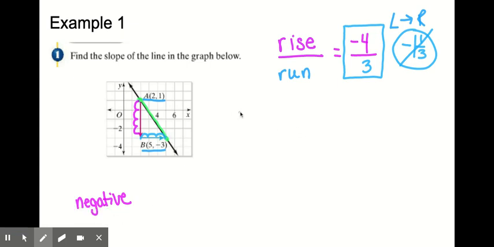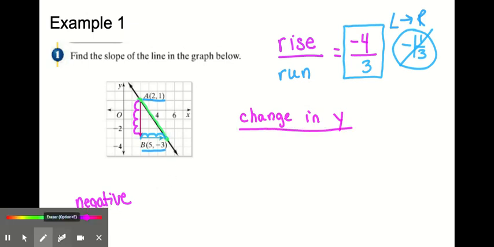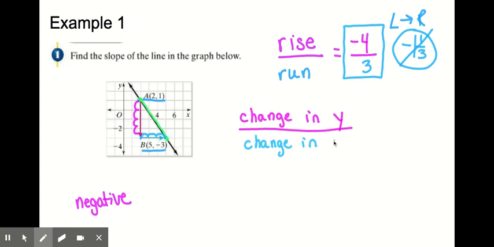So my rise is the change in my y values. My run is the change in my x values. So I'm going to start with 1 point and subtract the other.